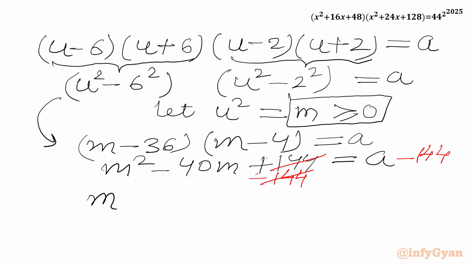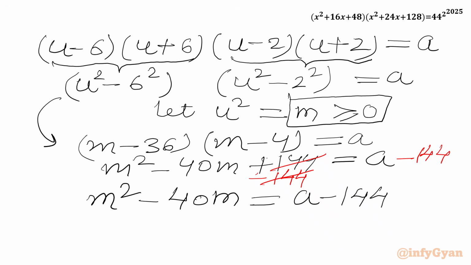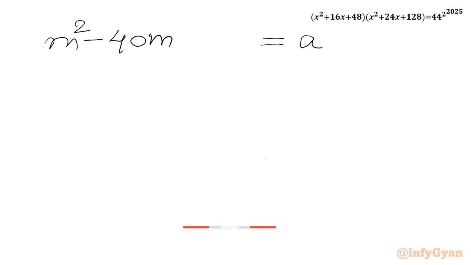We get m square minus 40m on the LHS, and a minus 144 on the RHS. Now the coefficient of m is minus 40. Half of minus 40 is minus 20, and the square of minus 20 is 400, which we will add to both sides of our equation.